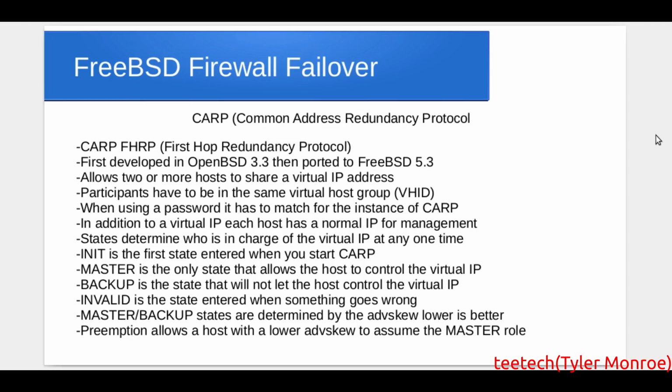Anyway, that's how that happens, and also how, if the master goes down, the backup takes over, and the master comes back up, that's how the master will preempt the existing one.